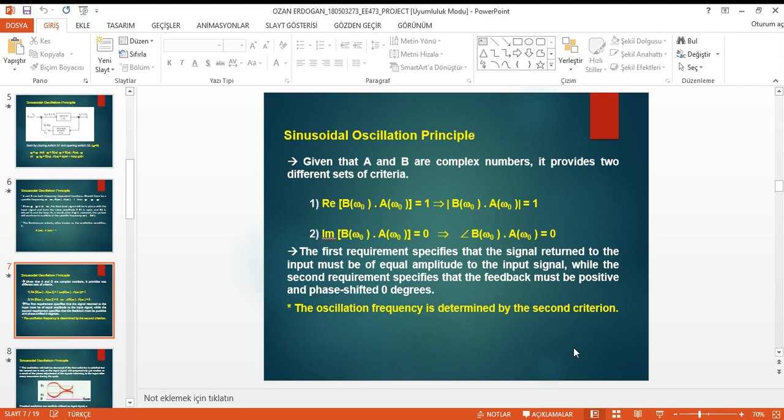Given that A and B are complex numbers, it provides two different sets of criteria. This one provides the first and this second provides the second.